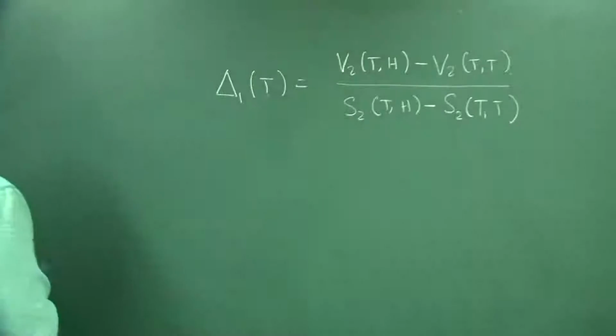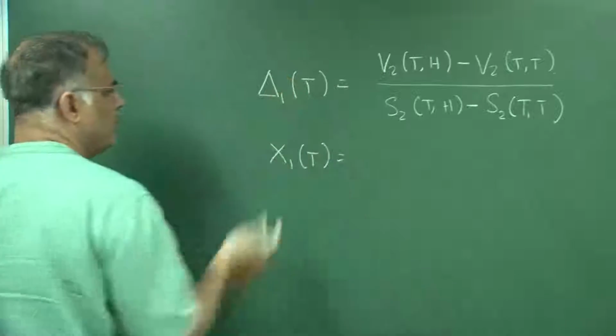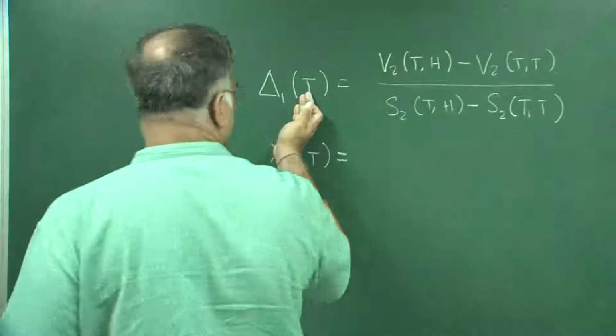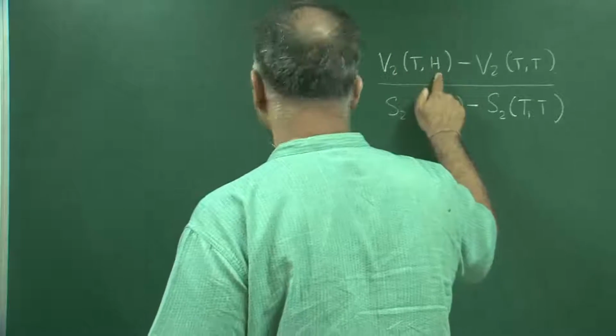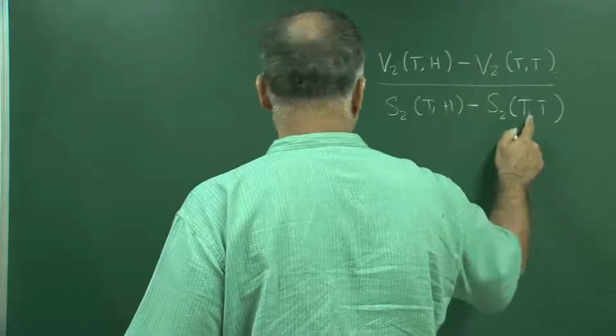And X1T, you can write the H form, I am writing the T form. If I put H here, it will become HT, HH minus HT, HH, HT.